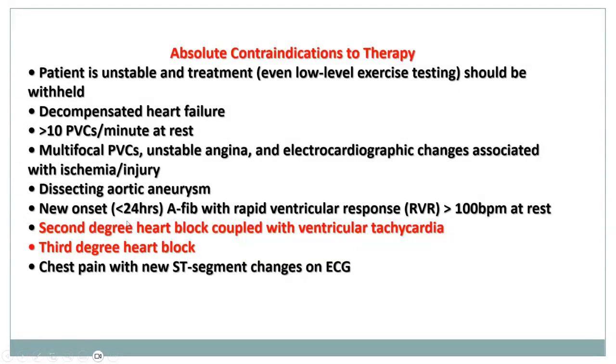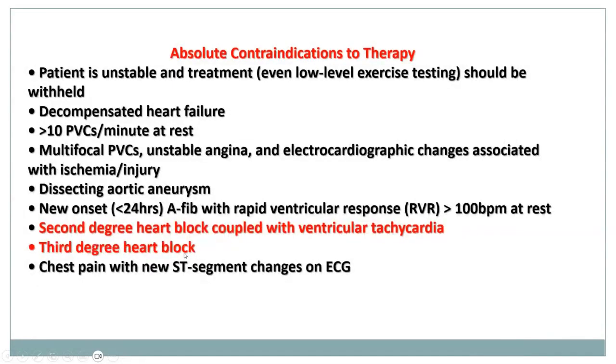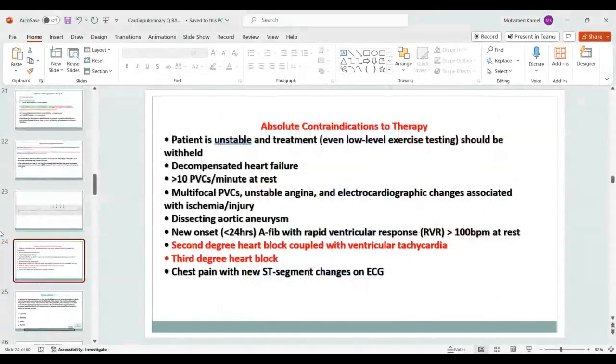But here, I know that you are concerned about that. That's why you have asked it. Second degree heart block, but look at the next one, coupled with ventricular tachycardia, and third degree heart block. So that's why this was the answer for the question for today.